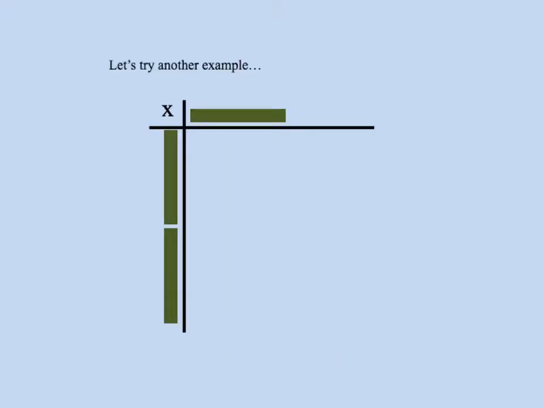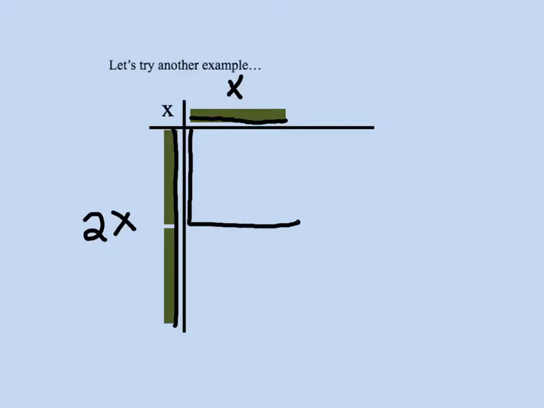So let's take a look at another example. We're going to multiply 2x by x here. Again, we need to consider the vertical length and the horizontal width of these tiles in order to determine the product of these monomials. For the area here, based on the length and the width, it would be an x squared tile that would fill this area, and again, another x squared tile that would fill this space.